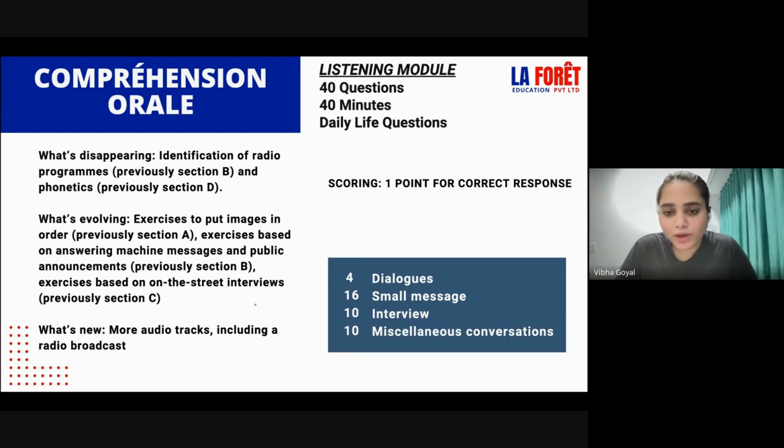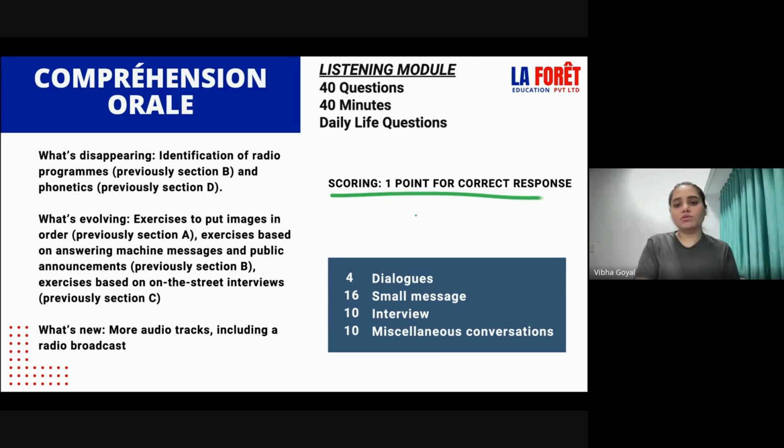But with the new pattern, we have more audio tracks, meaning each audio has fewer questions attributed to it. And all over TEF and TCF, the scoring is 1 point for a correct response, meaning there's no negative marking. So make it a point to answer all questions.